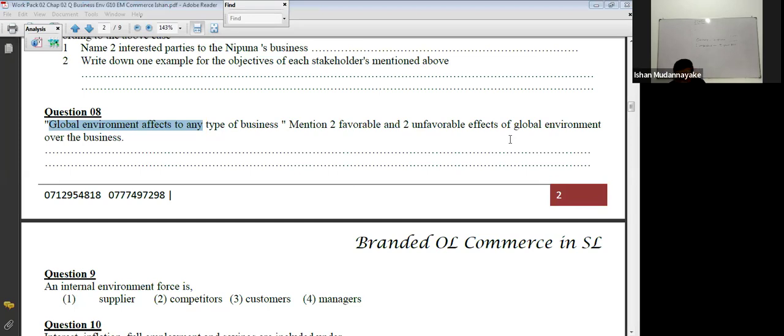Go to the relevant page, get the idea, close the book, find the answer, and write the answer.